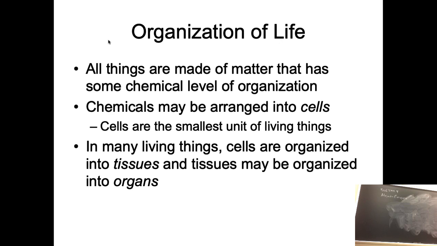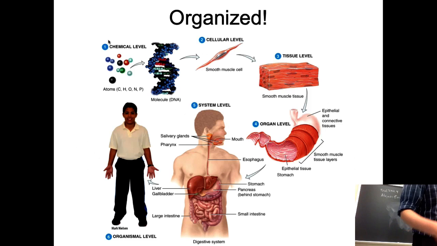It doesn't work. But if you put it together in just the right way to make a cell, that cell is alive. And if you put those cells into tissues, the tissues are alive. Tissues can grow. Tissues can heal. Tissues can change. If you put those together in organs, those organs can grow and change. That's really cool.